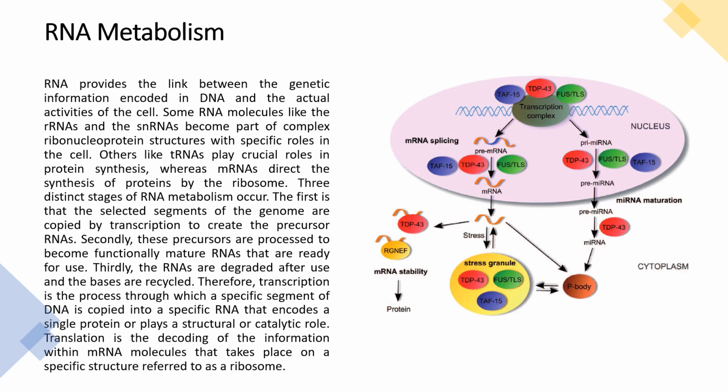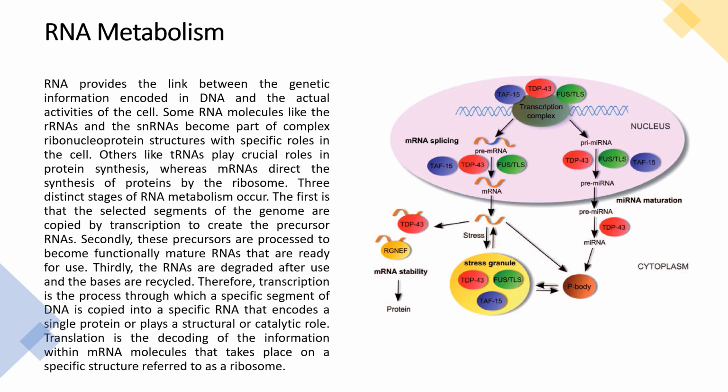The first is that selected segments of the genome are copied by transcription to create the precursor RNAs. Secondly, these precursors are processed to become functionally mature RNAs that are ready for use. Thirdly, the RNAs are degraded after use and the bases are recycled.